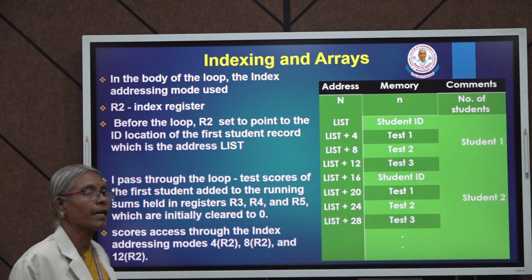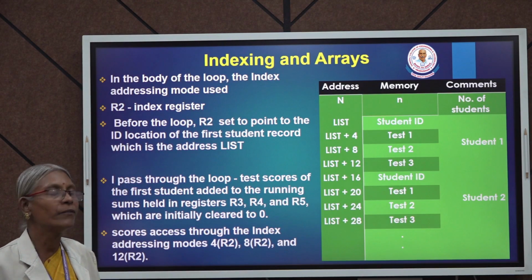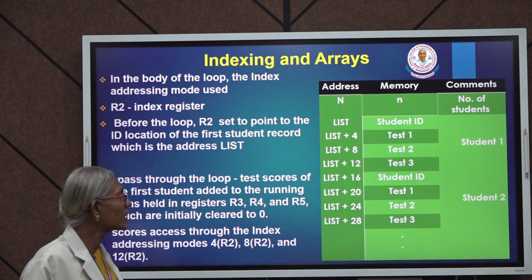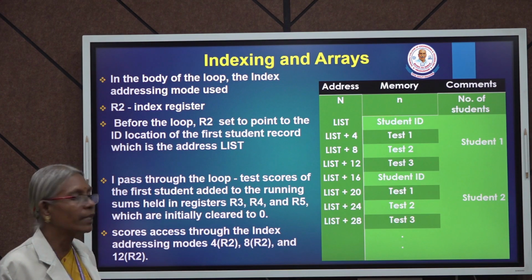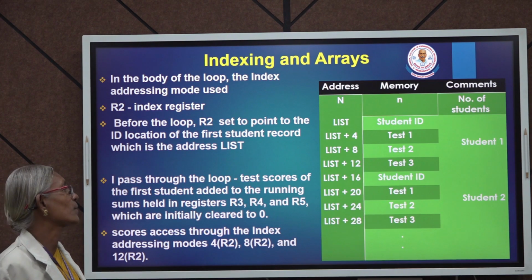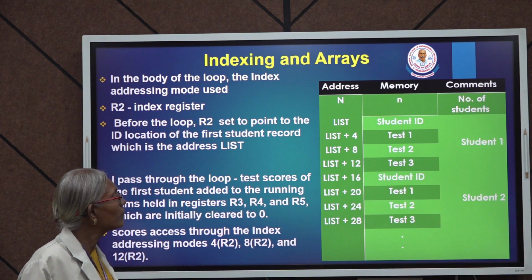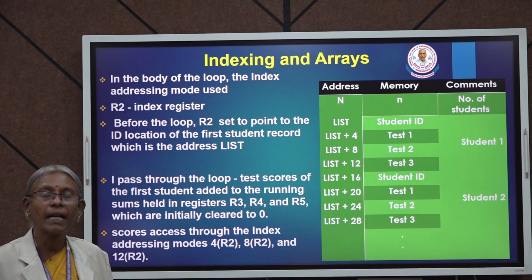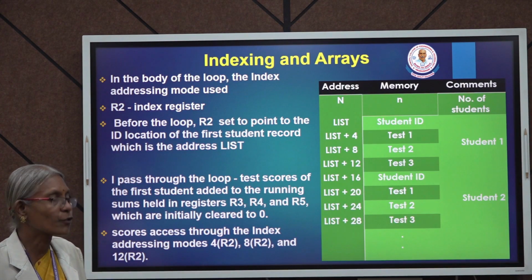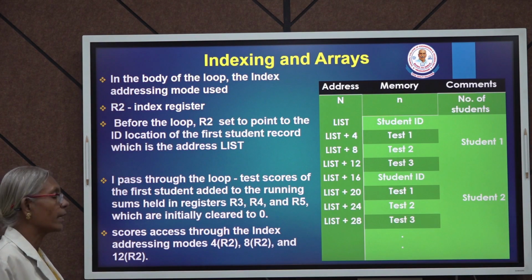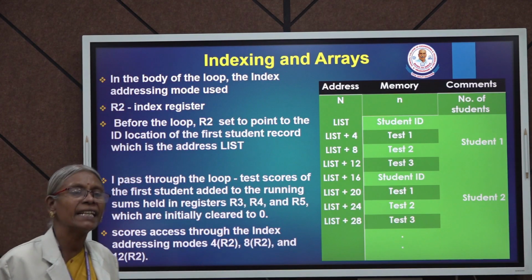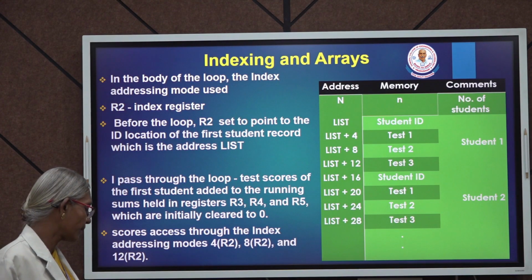At LIST plus 8, I have mark 2 of the first student. At LIST plus 12, I have mark 3 of the first student. Then from LIST plus 16, I have the data for the second student. So here I can say this particular index mode is used.